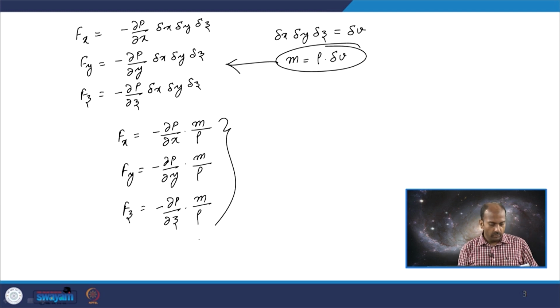Combining these three, we can write force per unit mass equals minus 1/ρ times ∇p.